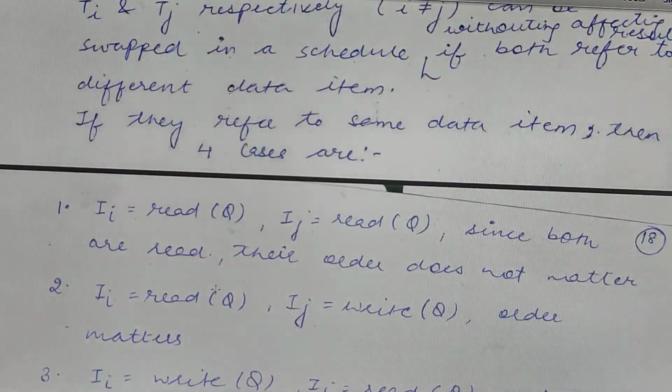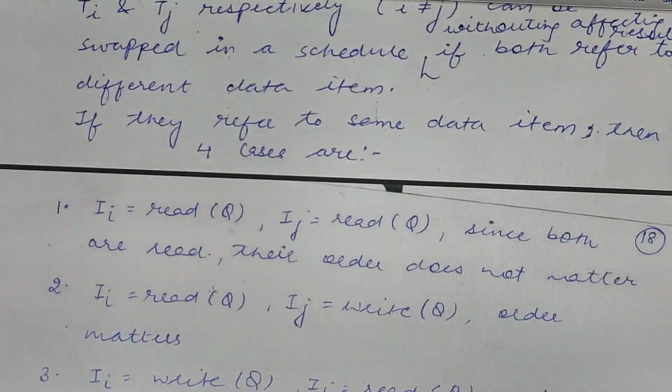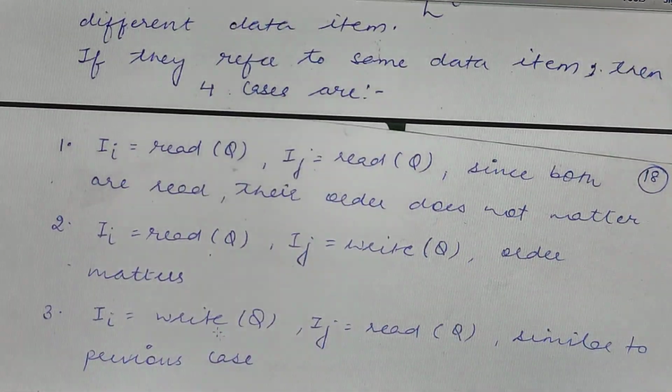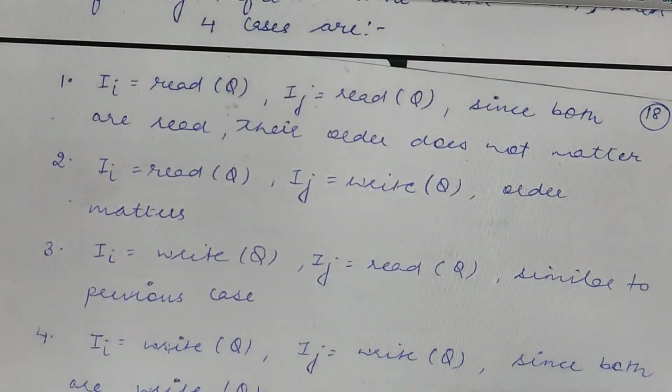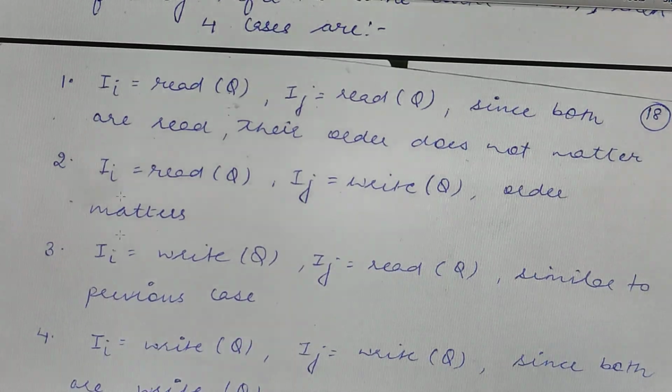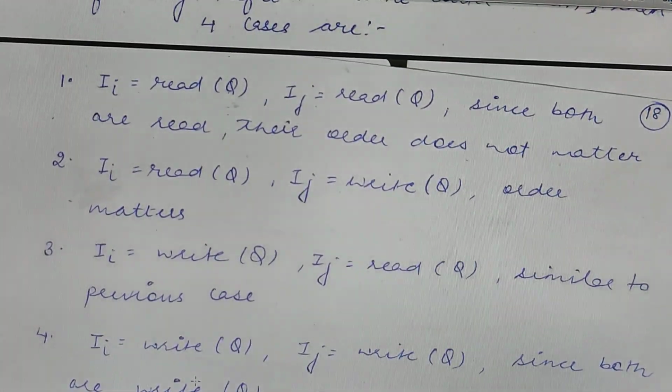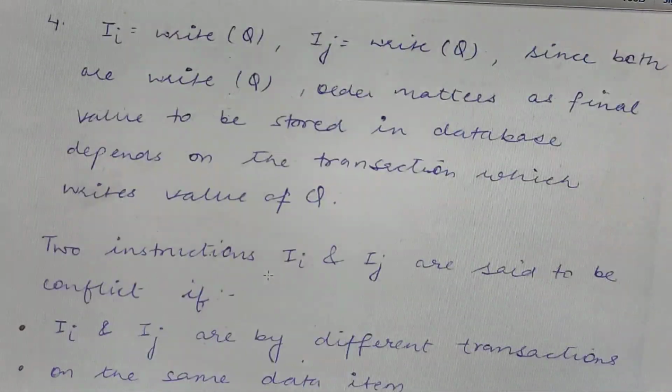The second scenario can be that instruction Ii is read and instruction Ij is write. The third case can be that instruction Ii is write and Ij is read. The fourth case is where Ii and Ij are both write. So these are the four different combinations that are possible for the two operations read and write, right?